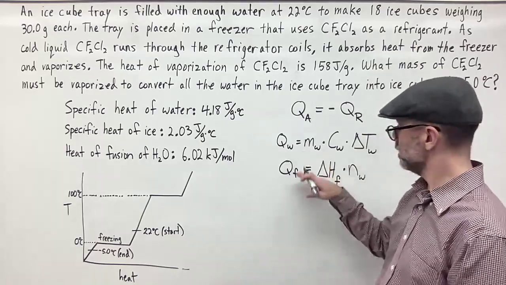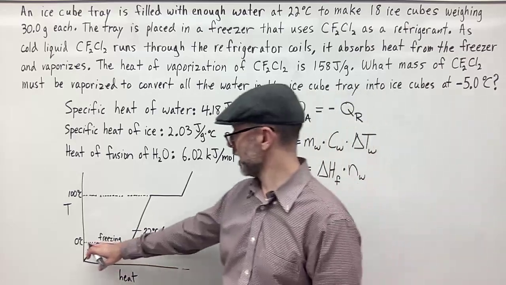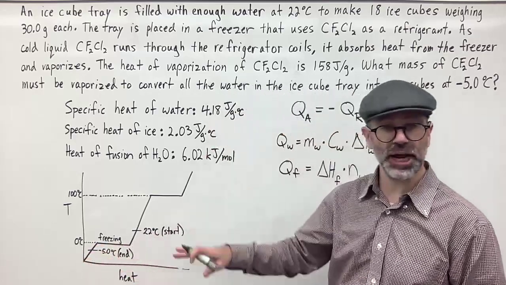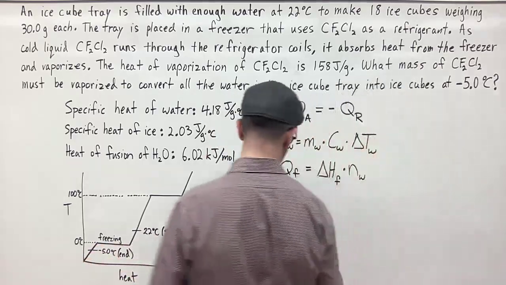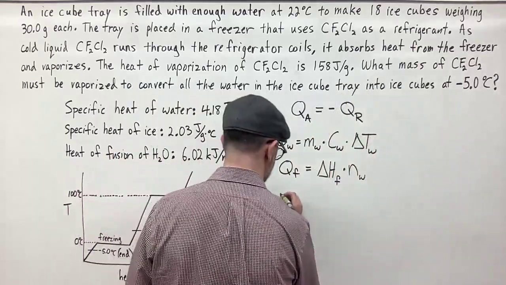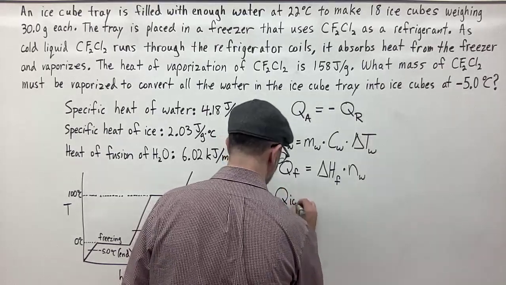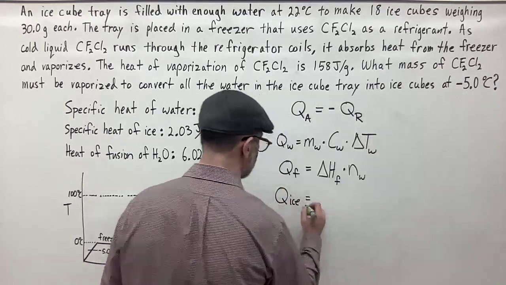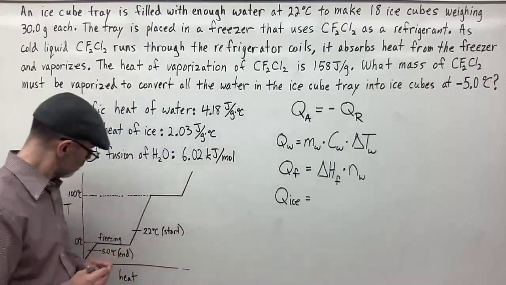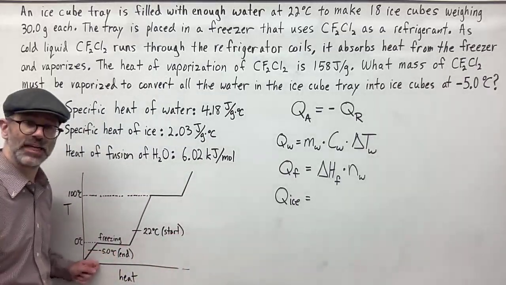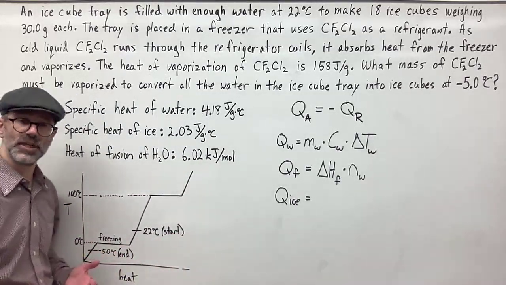So that's stage two. And then the final stage is the temperature change of the ice once it's frozen, when it's made. So the Q of ice is going to be equal to, again, since we have a temperature change here, we're going to use Q equals mcΔT.